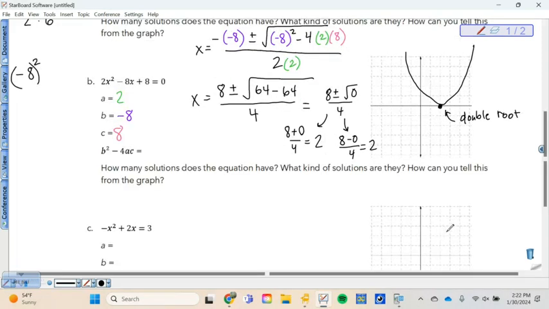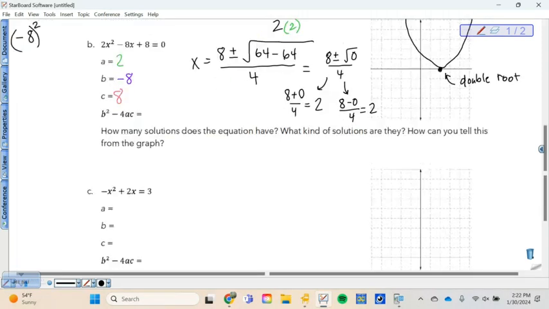And then we've got one more. What's my A in part C? And what's B? 2. And C? Ooh.